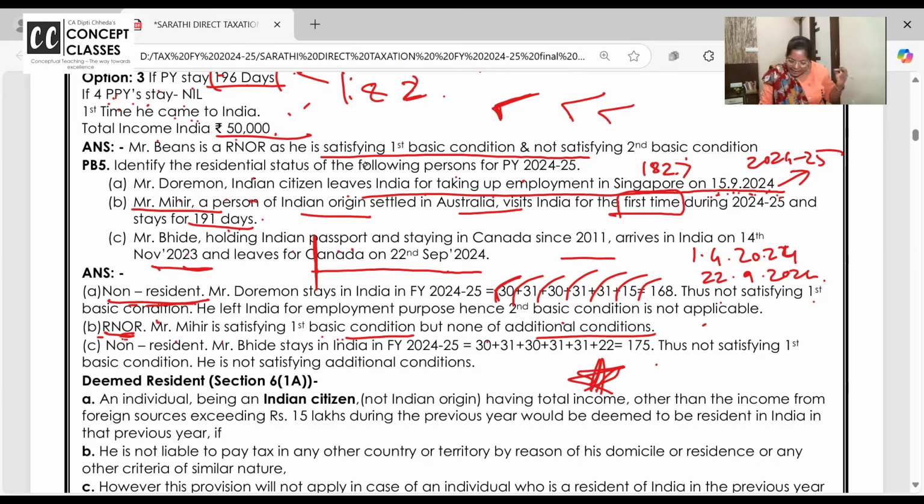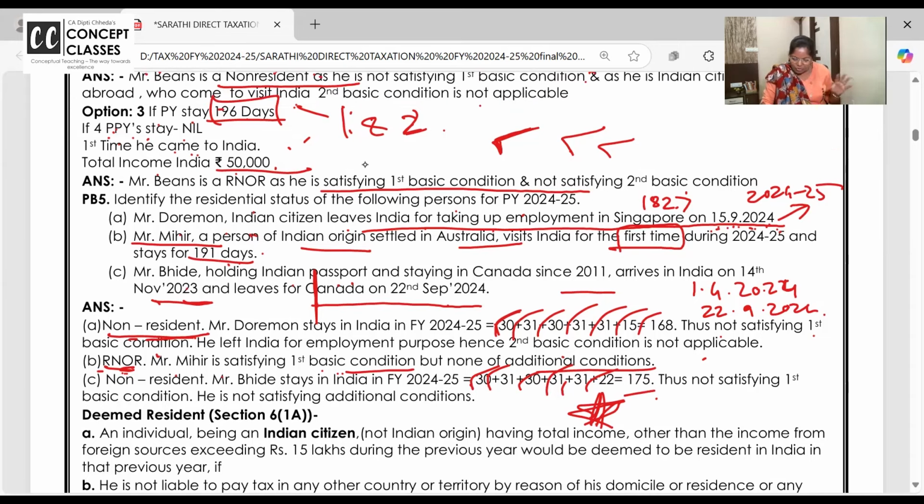Come on. April, how many days were you in India? 30. May, June, July, August, and September, 175. Now, Bhide, how many times did he come to India and all? Leave it. He is in India in the financial year for how many days? 175.